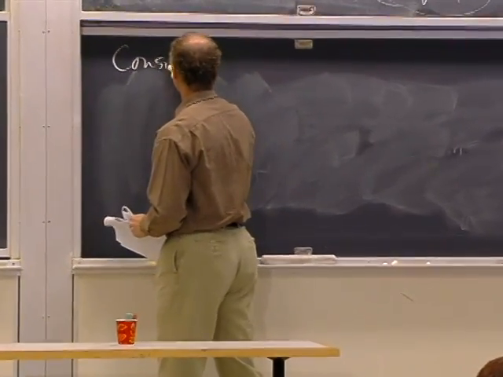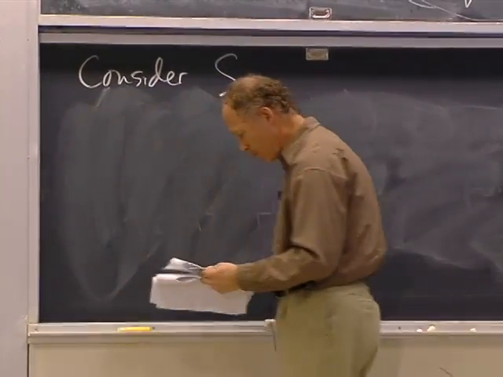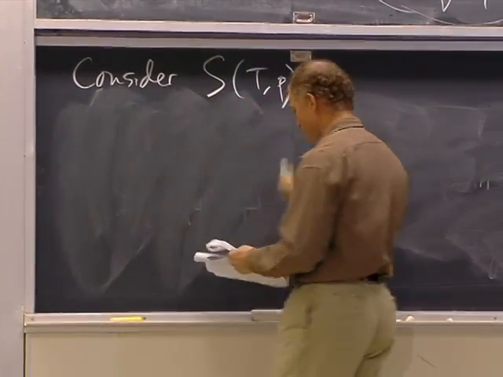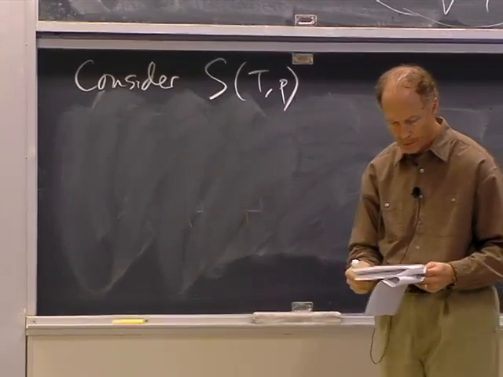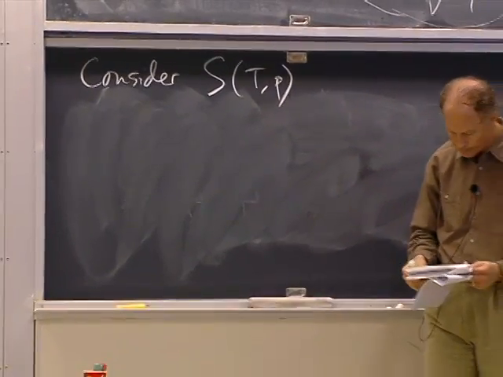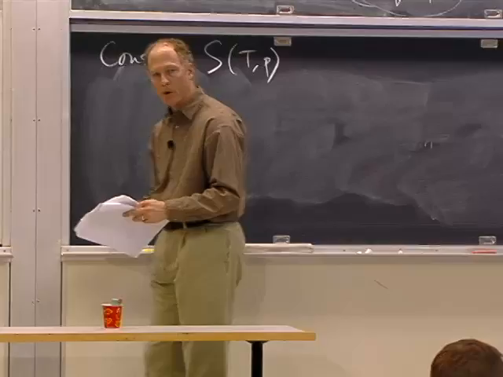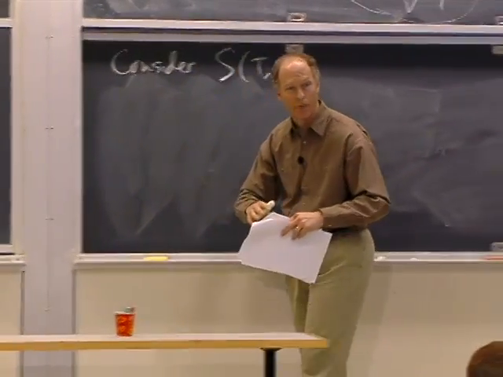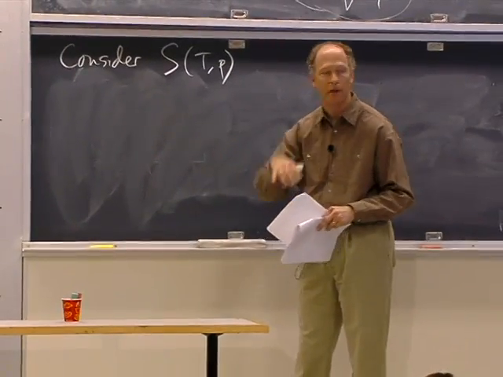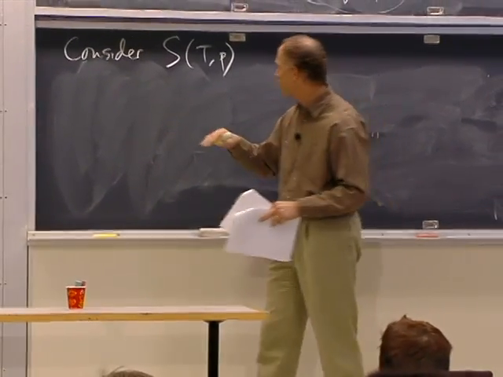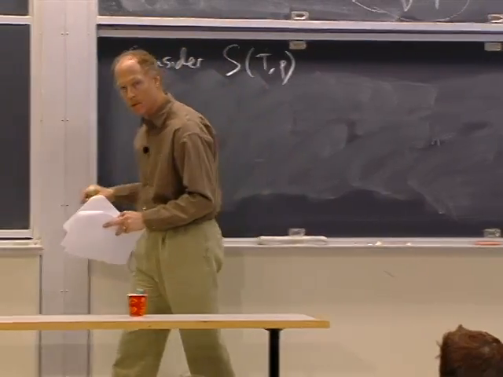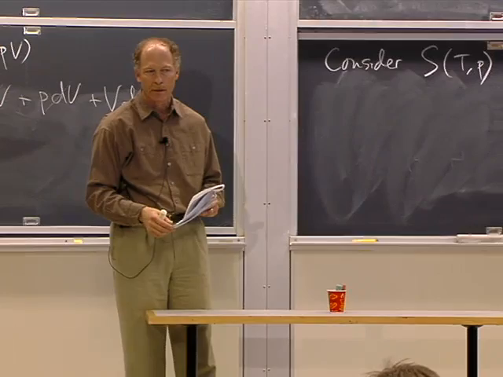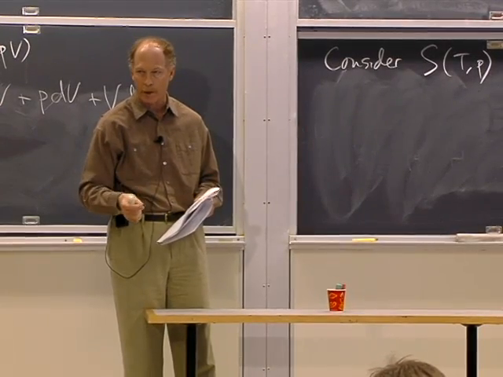Let's consider the entropy as a function of temperature and pressure. First, let's just see how it varies with pressure. We'll consider its variation with both pressure and temperature. The objective is to say, if I've got some substance at any arbitrary temperature and pressure, can I define and calculate an absolute number for the entropy?